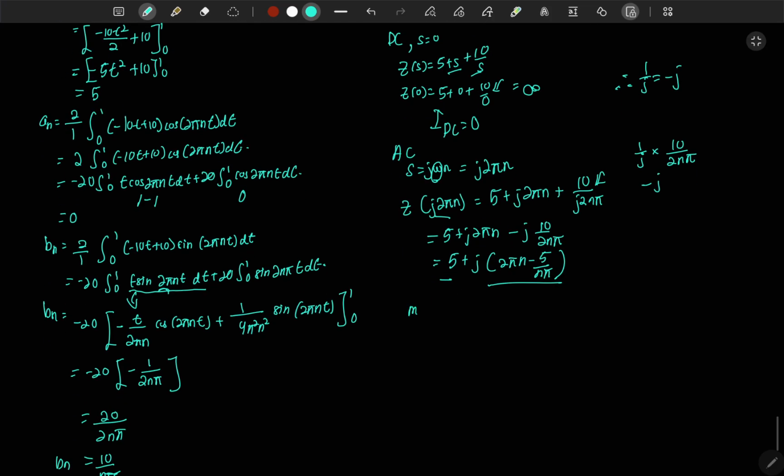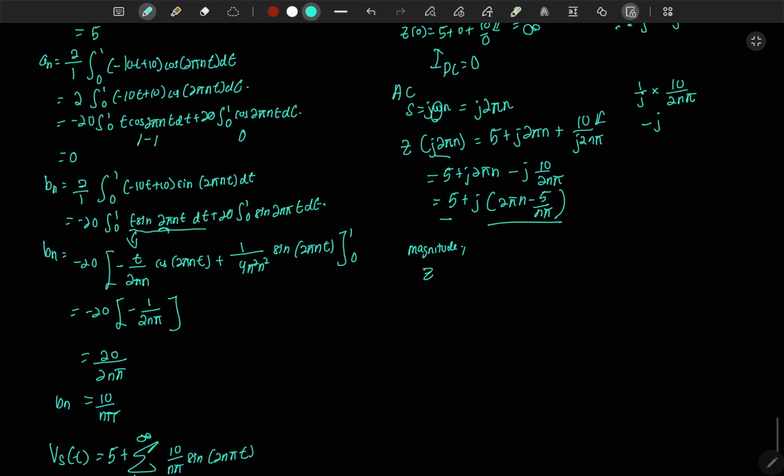Now we are going to find the magnitude first. Finding the magnitude is equivalent to the square root of the real part squared plus the imaginary part squared. The real part here is 5, so the square root of 5 squared, which is 25, plus the imaginary part, which we have grouped, written in brackets and squared.